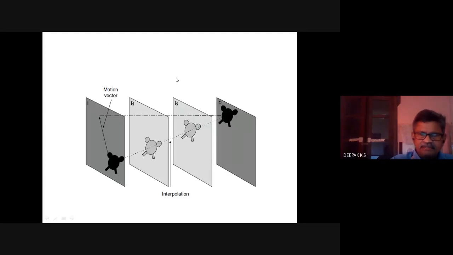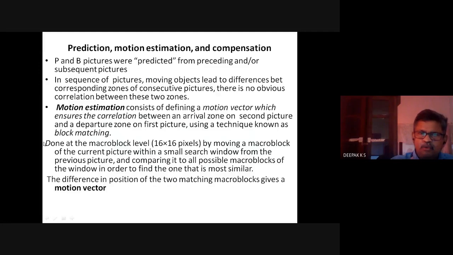So here this denotes I picture, B picture, B picture, P picture. So here say some object is moving and the relative position of this movement is the motion vector, and how it is estimated.